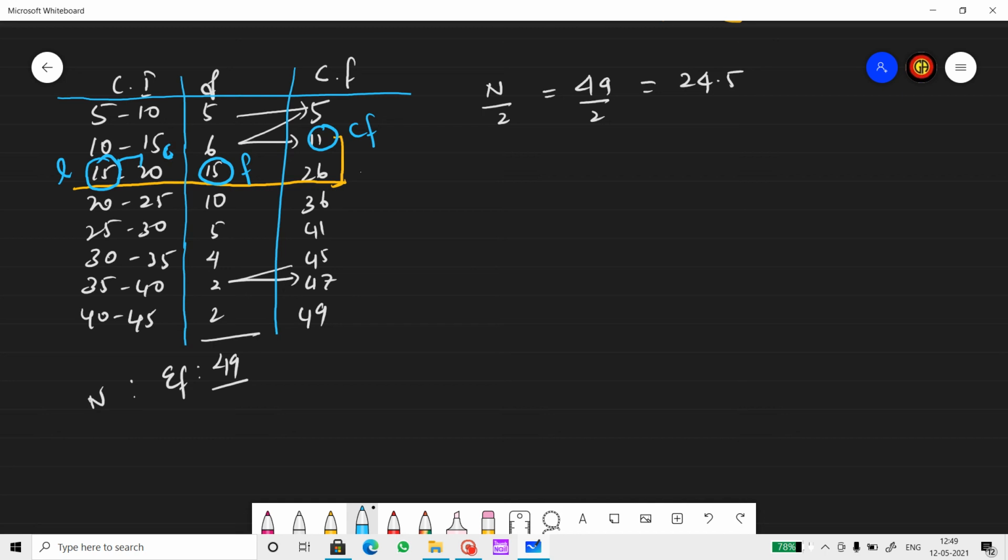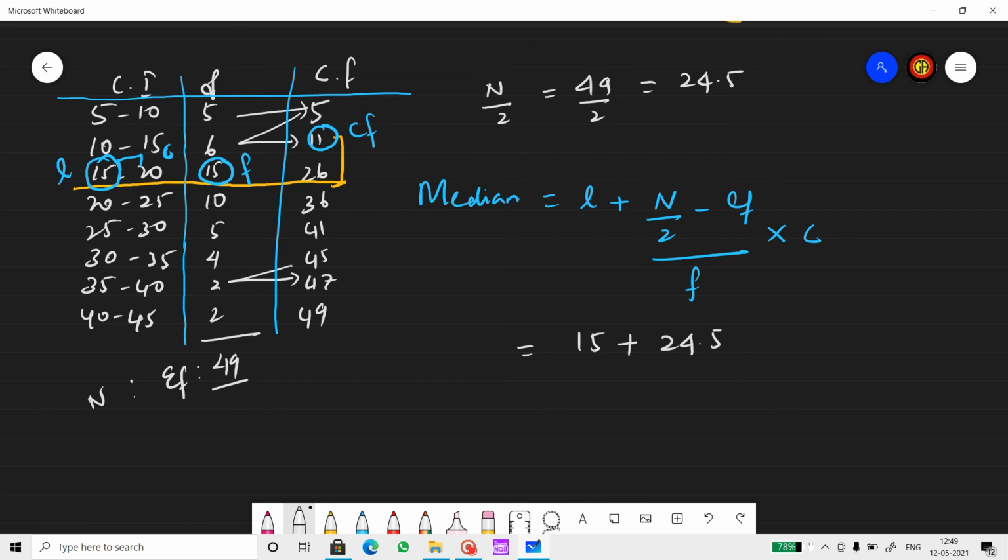Now let's write the formula. Median equals L plus N by 2 minus CF, by F, into C, right? L is 15, N by 2 is 24.5, CF is 11, and F is 15, C is 5, right?